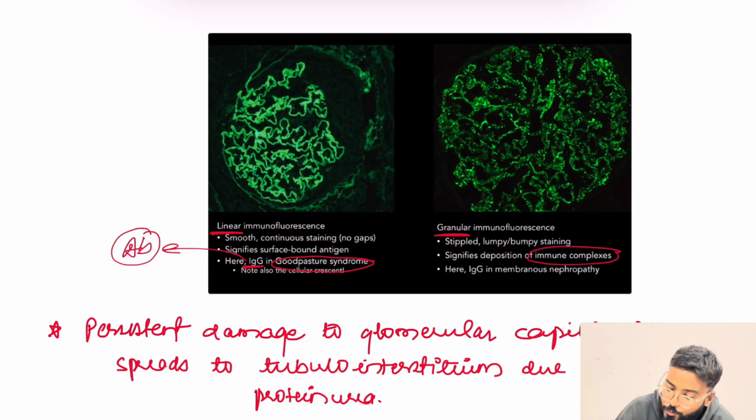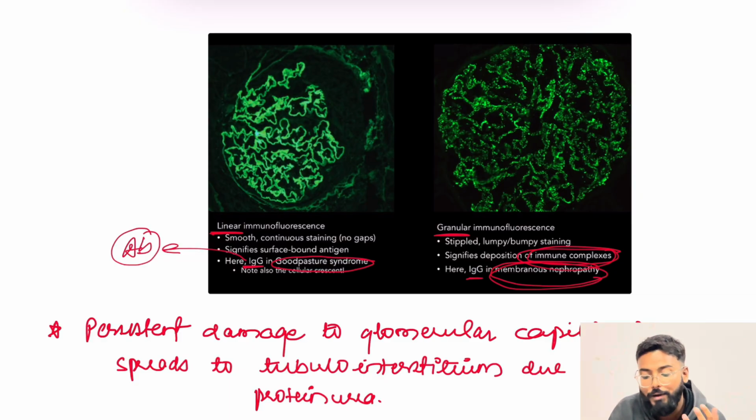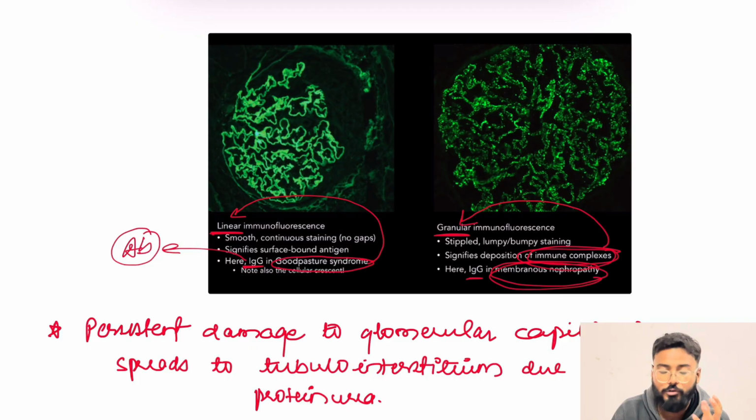When the immune complexes are going to get deposited, in case of membranous nephropathy, that is also IgG. So whenever this immune complex is going to get deposited, it is going to cause granular presentation of your glomeruli. And in Goodpasture, it is linear because it's not immune complex, it is your antibody only.